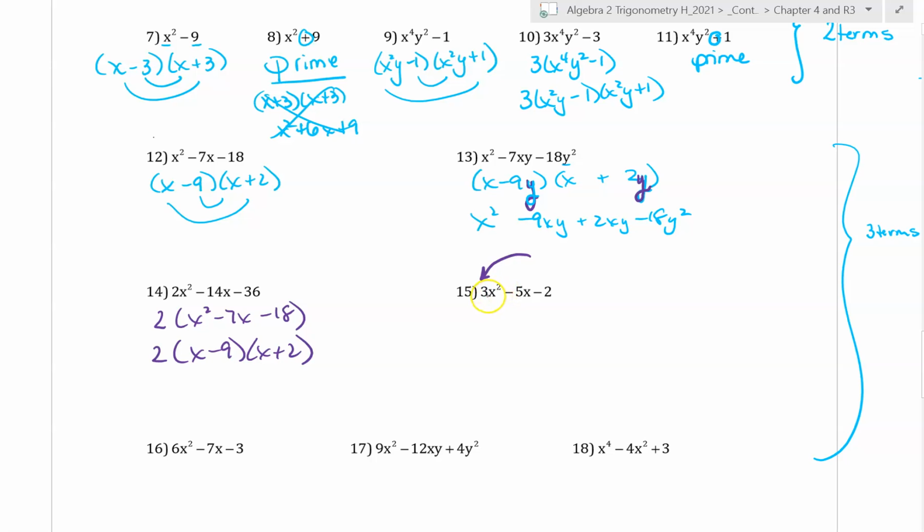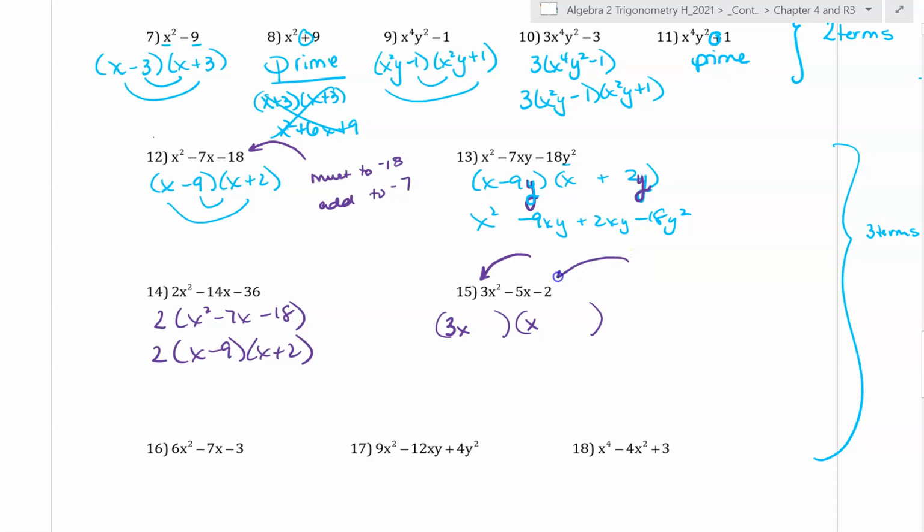When you have a number in front that is not 1, you can't just say, for example, over here we said multiply to give the last number and add to the middle number, because the number 3 in front makes everything a little bit different. So we need to multiply two numbers to get 3. So we need 3x and x.